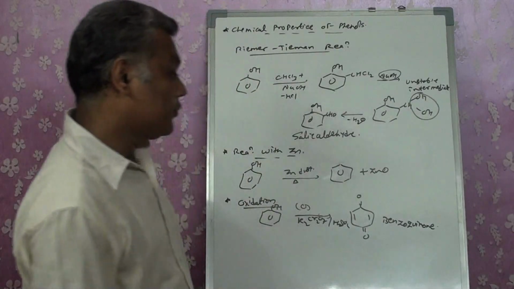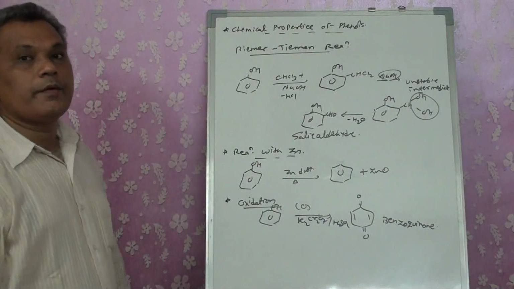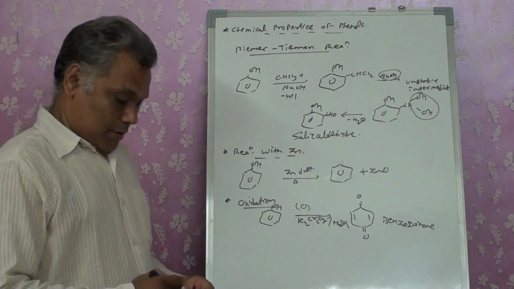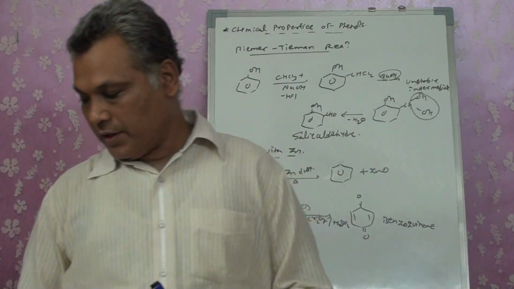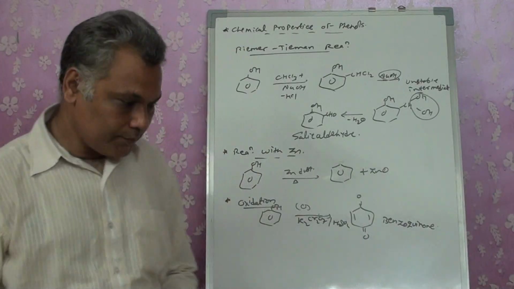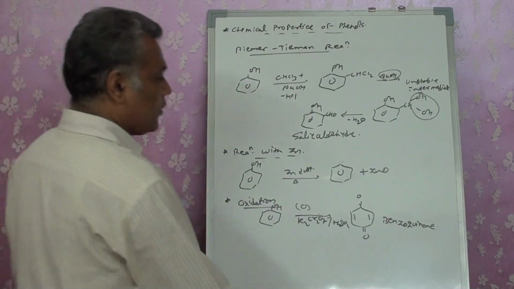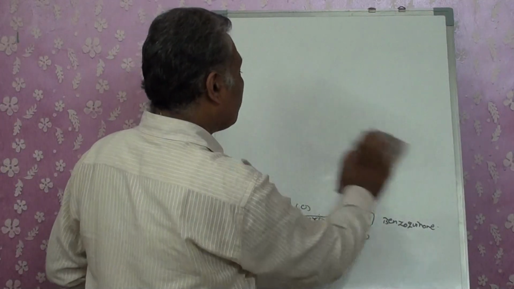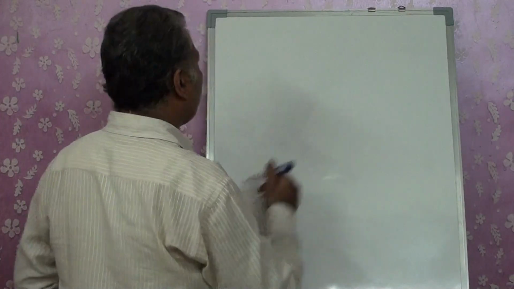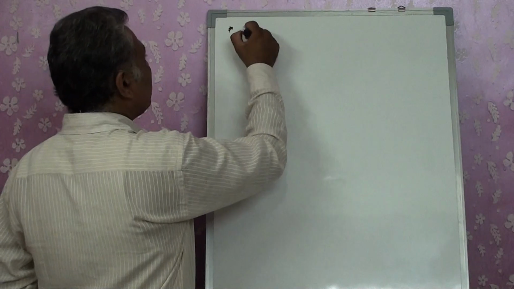It converts into benzoquinone, right? These are all the chemical properties of phenol that we are having for our syllabus. Right? The next point that is given to us for alcohol and phenol is the two important components of alcohol, that is methanol and ethanol.